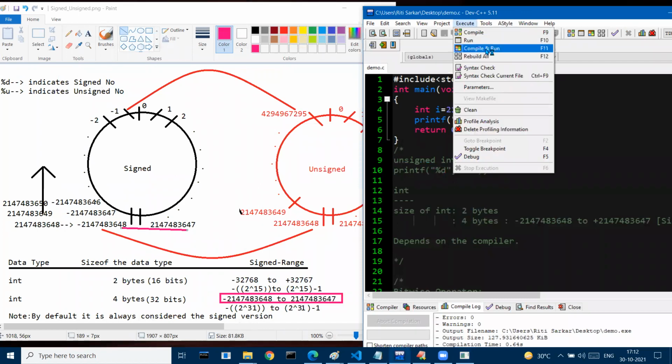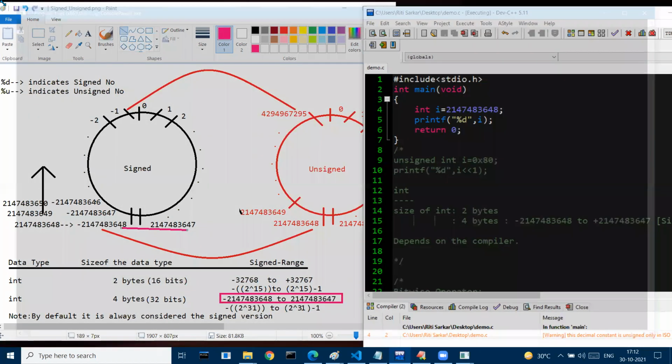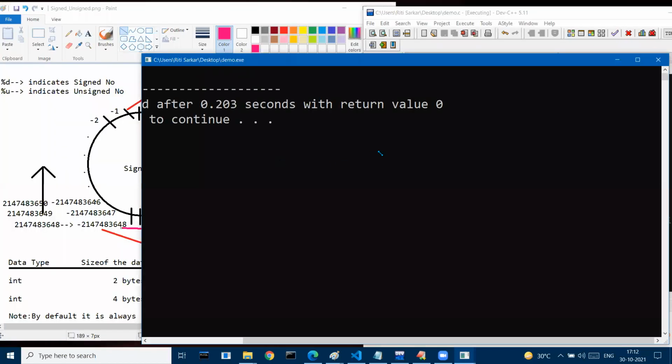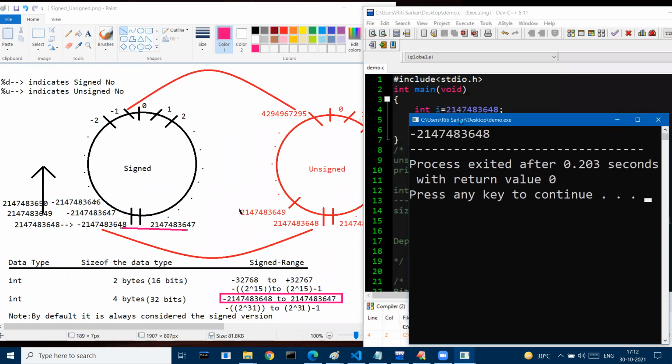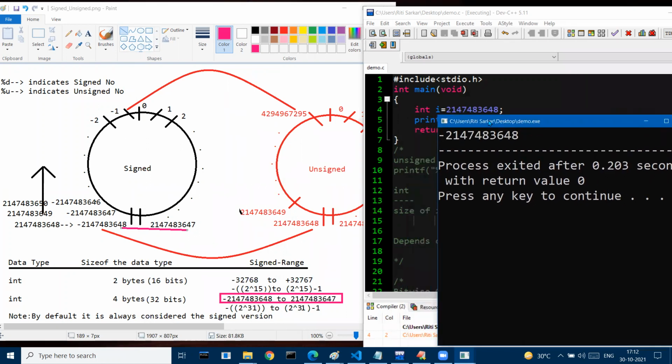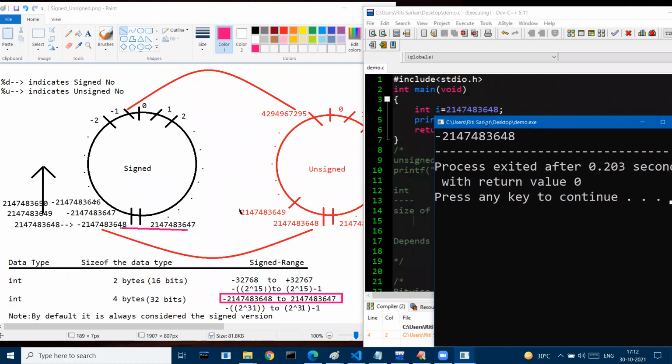Execute, compile and run. See these, guys. What value did it take? Minus, na? But I entered what value? Positive 21, 47, 48, 36, 48. But it is taking negative 21, 47, 48, 36, 48.